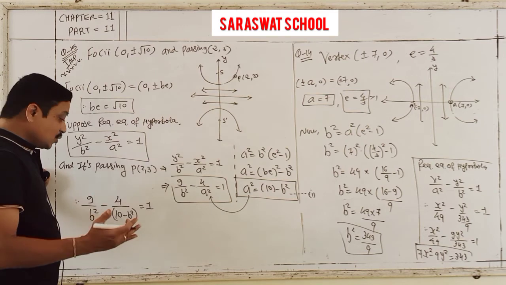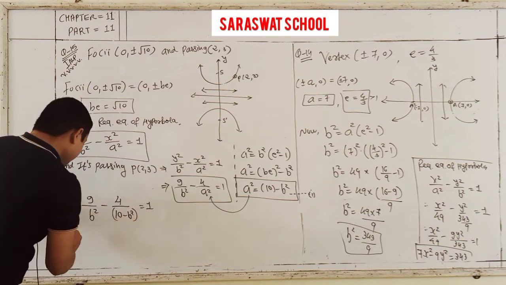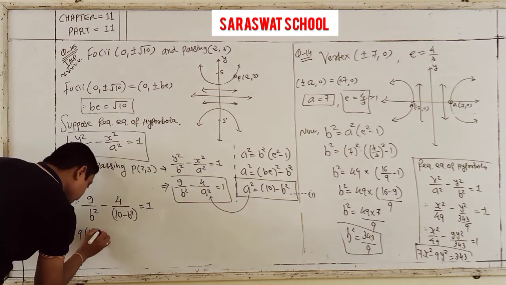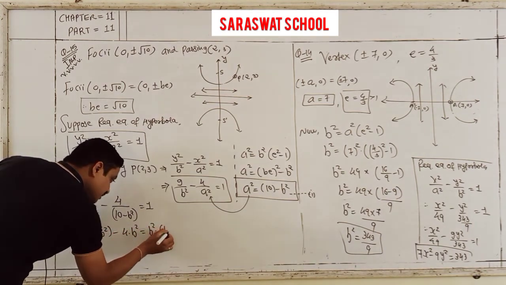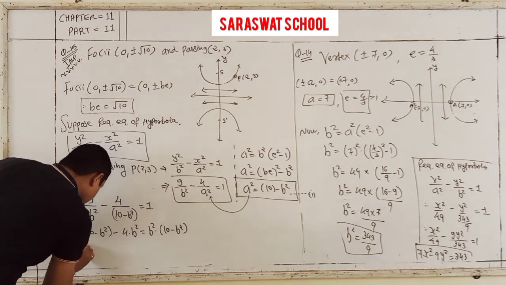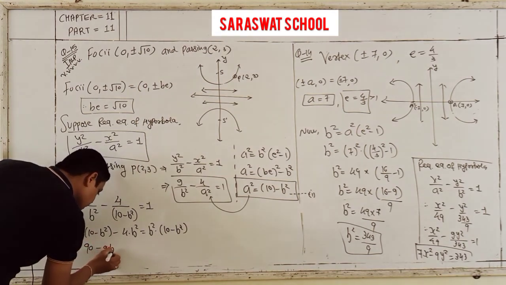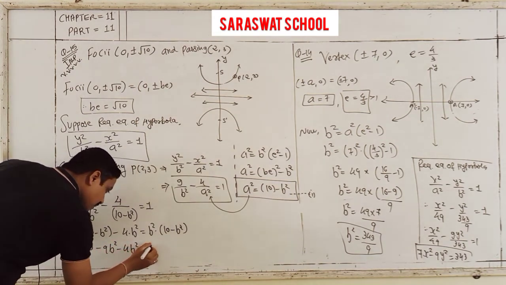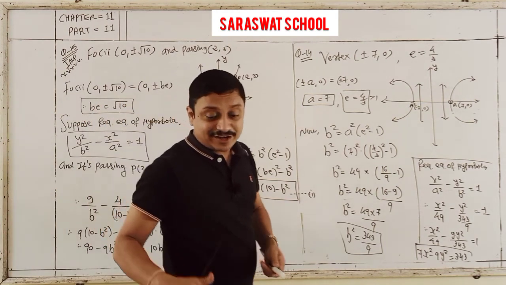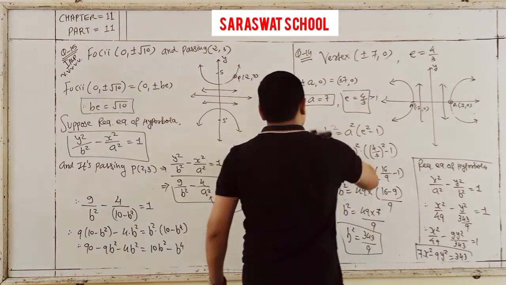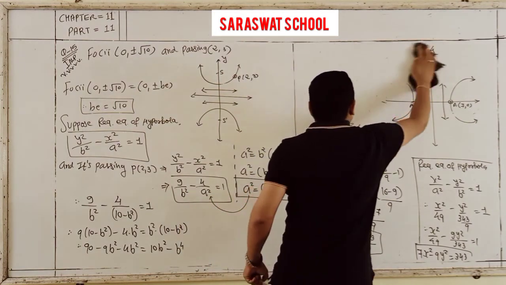Start slowly with the LCM. So 9 multiply by 10 minus b square, minus 4 multiply by b square, equals b square times 10 minus b square. That gives 90 minus 9b square minus 4b square, equals 10b square minus b raised to 4. Now we will take factorization in a simple way and find the value of b.